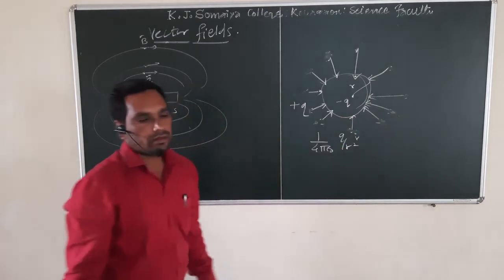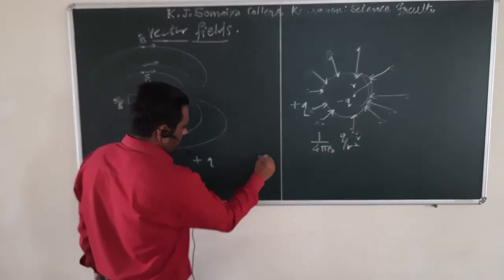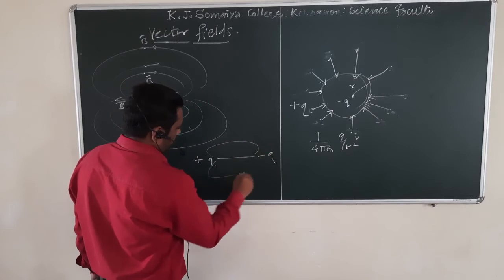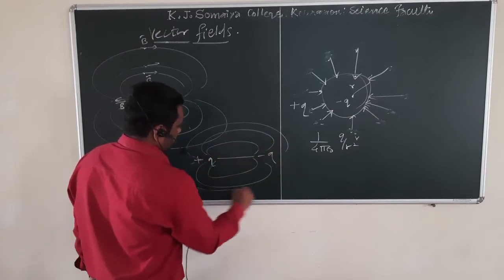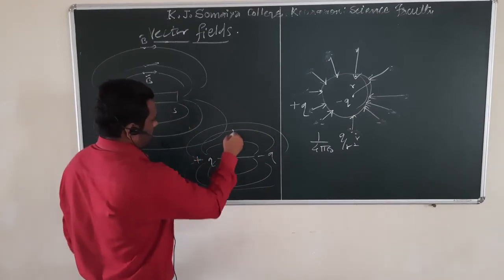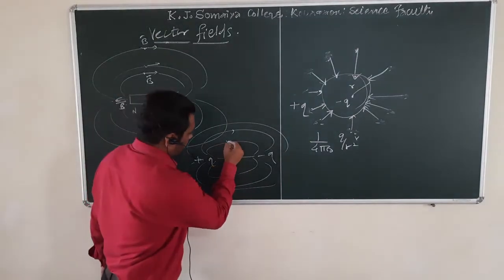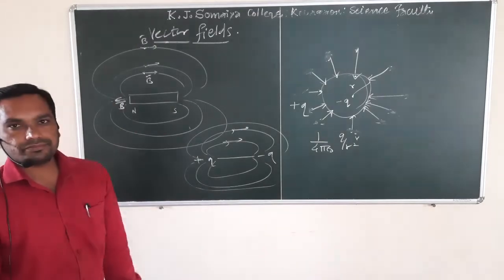Suppose you have an electric dipole, plus q and minus q. Again the field is modified like this, like this. We have electric flux lines, and for the electric field at any point we have to draw just the tangent.